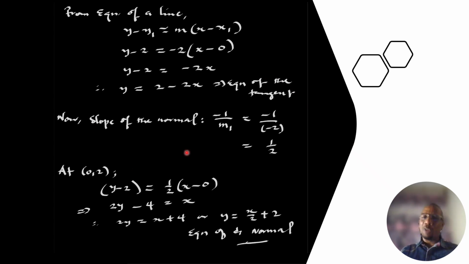However, the slope of the normal is the negative of the inverse of the first slope, that is -1 over m1. That's the slope of the normal. After getting the slope, we now get the equation of the normal. The equation of the normal is this, while the equation of the tangent is the one here.